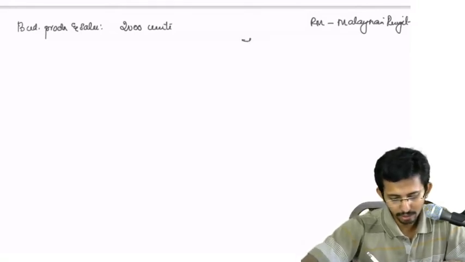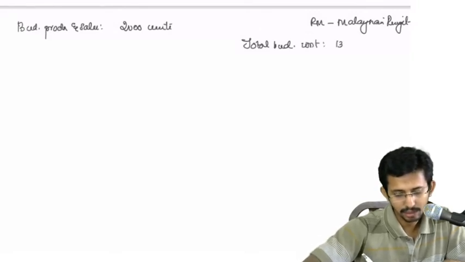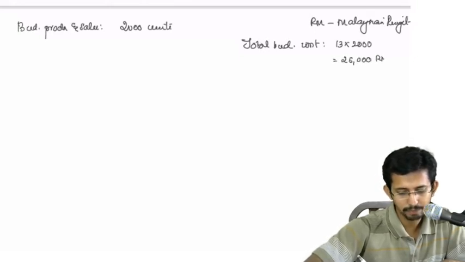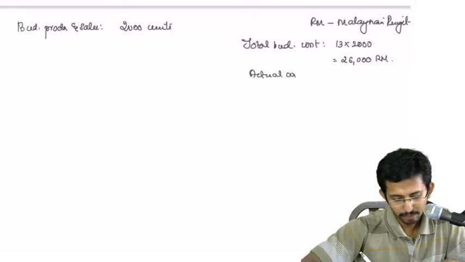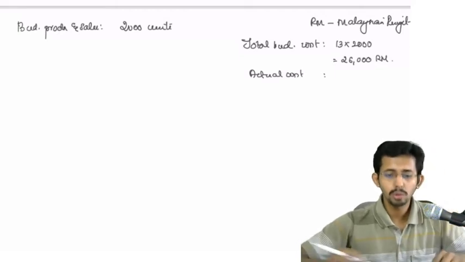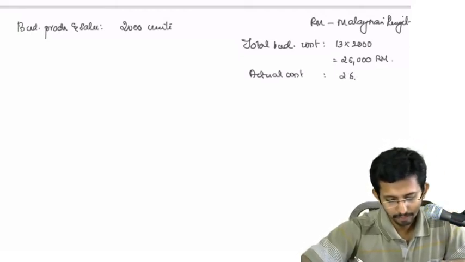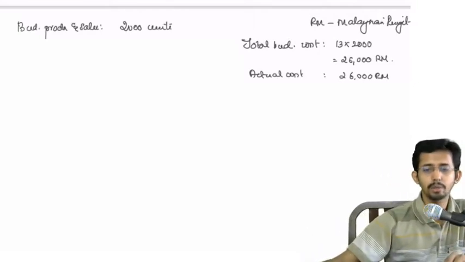So total budgeted contribution will be 13 into 2000, that will become 26,000 RM. And what is the actual contribution? If you see the table given, that is also 26,000 RM. So there is no difference between total budgeted contribution and actual contribution.